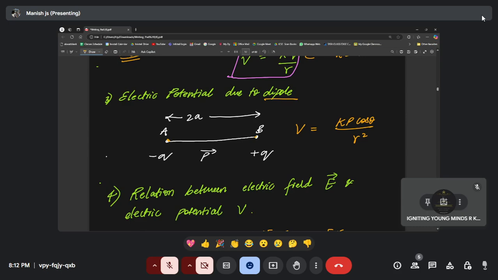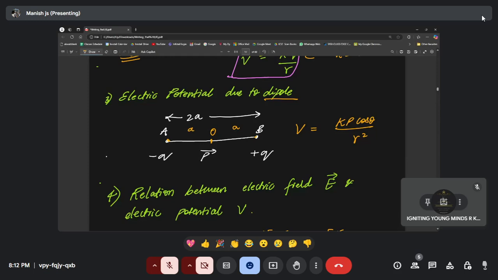Now let me take the midpoint of the dipole as O. If O is the midpoint, it will bisect AB into two equal halves, meaning AO is equal to OB, and both will be equal to A. Only then, if you add, will you get 2A, logically speaking. Now, we would like to find the electric potential at a general point due to this dipole.